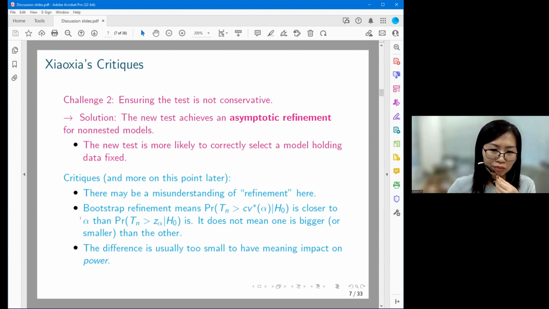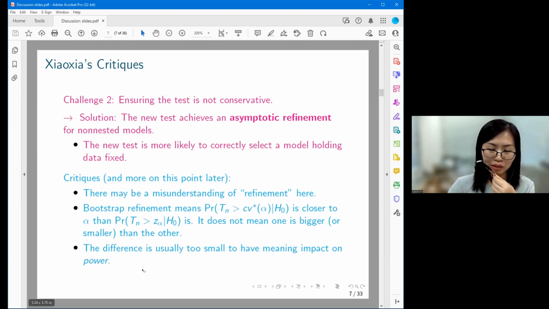And also, because alpha is usually just 5%, right? Or 1%, that's a small number. And bootstrap refinement usually is on a small scale. So the difference between the bootstrap critical value and the normal critical value will be so small that usually it doesn't have a lot of impact on power.